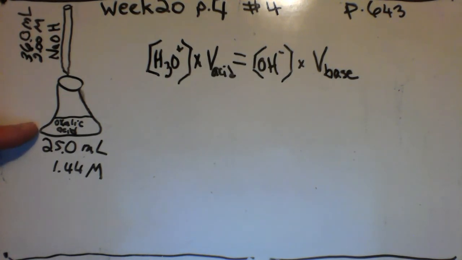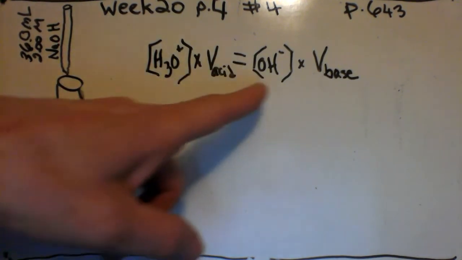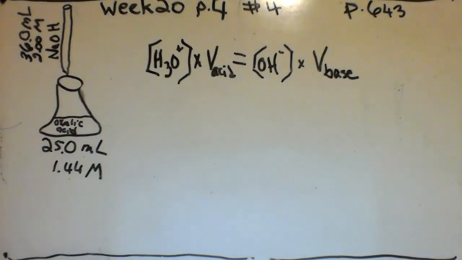Now, if this amount completely neutralizes this amount, then this amount of sodium hydroxide should have an equal number of hydroxide ions as this oxalic acid has hydronium ions, because each hydronium cancels out one hydroxide.